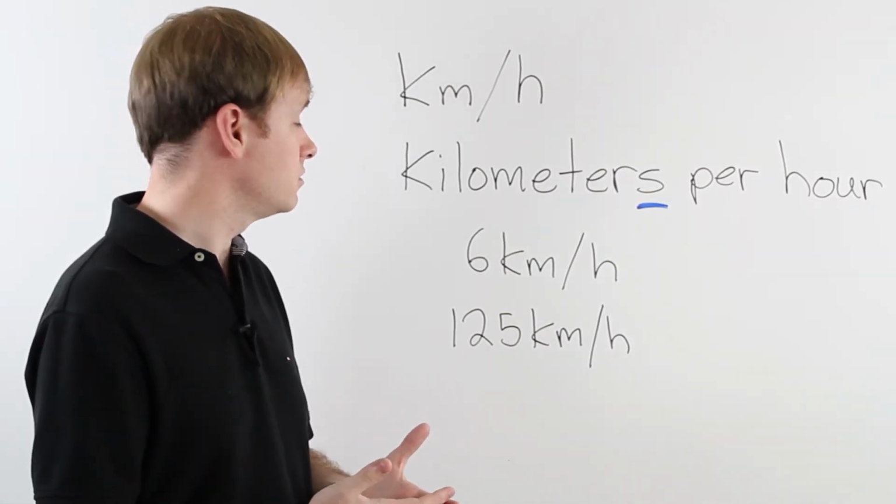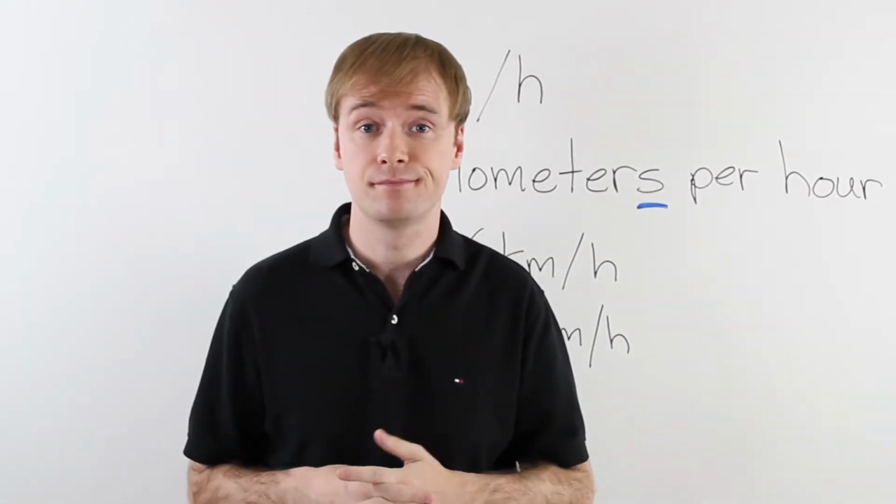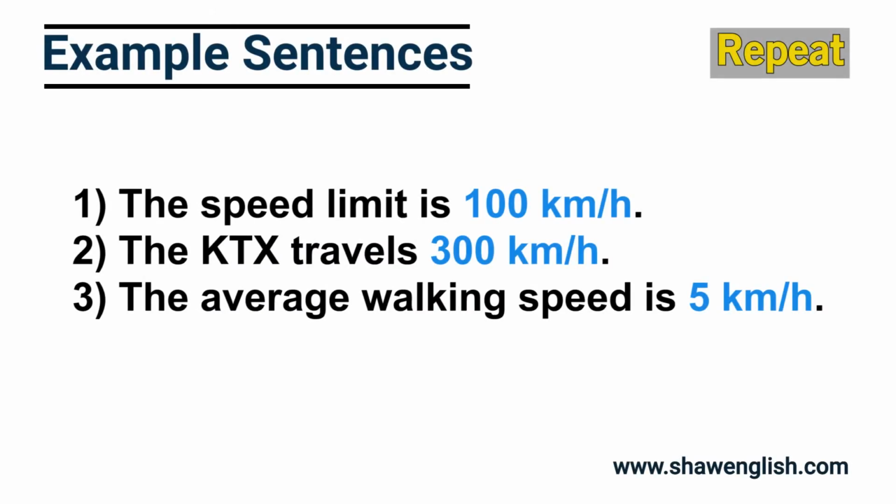So let's look at a few example sentences. I have 3 examples here. The first one, the speed limit is 100 kilometers per hour. The second example, the KTX travels 300 kilometers per hour.